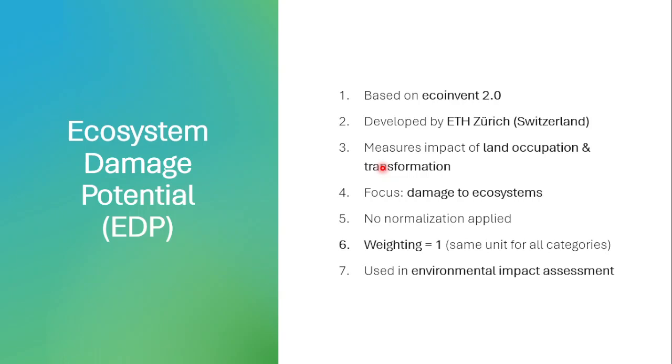It evaluates environmental impact related to land use, including land occupation and transformation, which affect ecosystem biodiversity and natural function. No normalization is applied, and all impact categories have an equal weighting factor, equal to unit. Overall, the method helps assess how land use change impacts the ecosystem and supports sustainability and LCA studies.